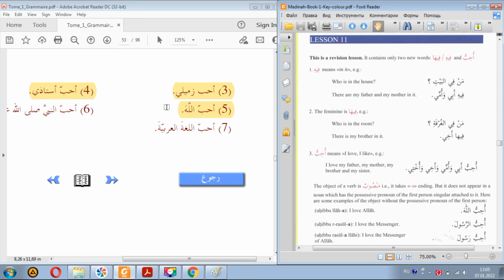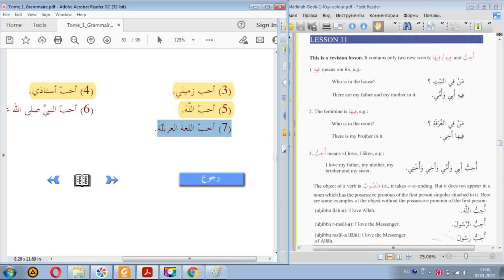So أحب الله means I love Allah. Let's take as an example this sentence. If we have something and an action falls upon it, it takes fatha.